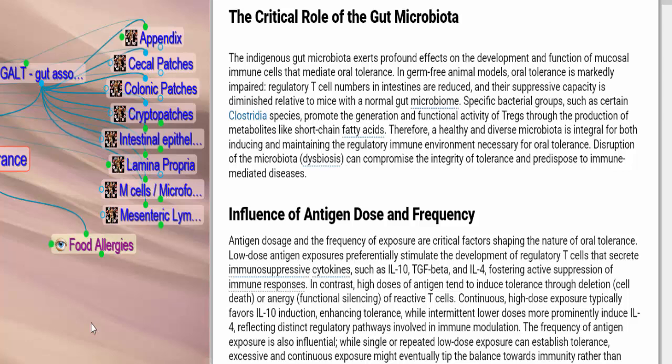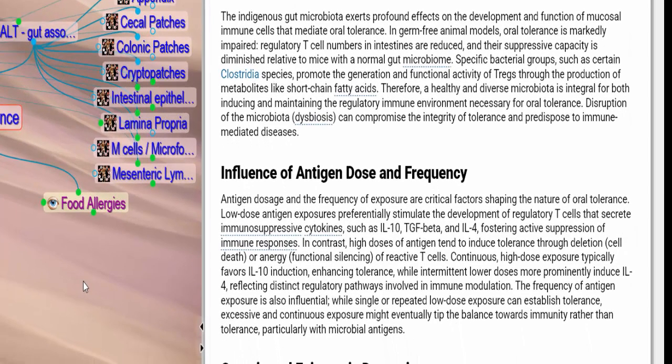What about the influence of antigen dose and frequency? So antigen dosage and the frequency of exposure are critical factors shaping the nature of oral tolerance.